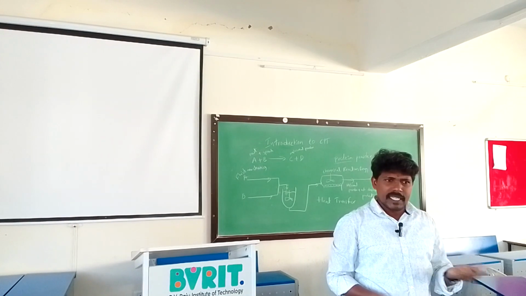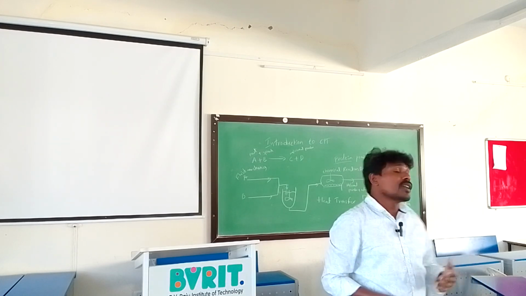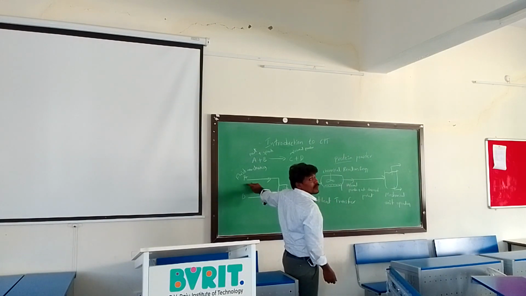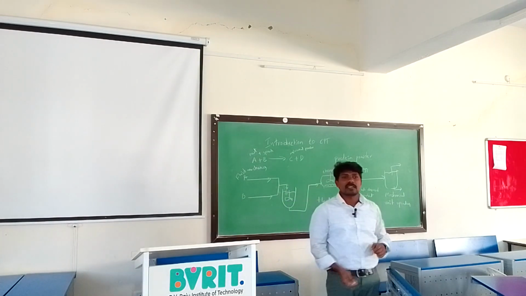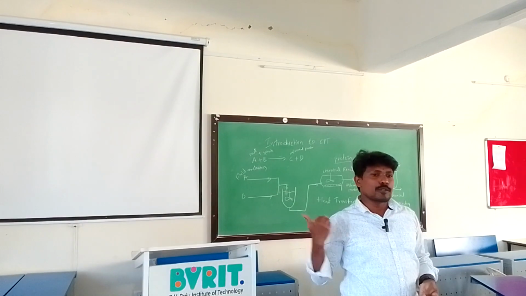Filtration, sedimentation, sieving, crushing. For example, if my powder is in a very bulk form, I can use the sieving method, a mechanical unit operation, to convert it to very small particles. So here the subject will be useful.